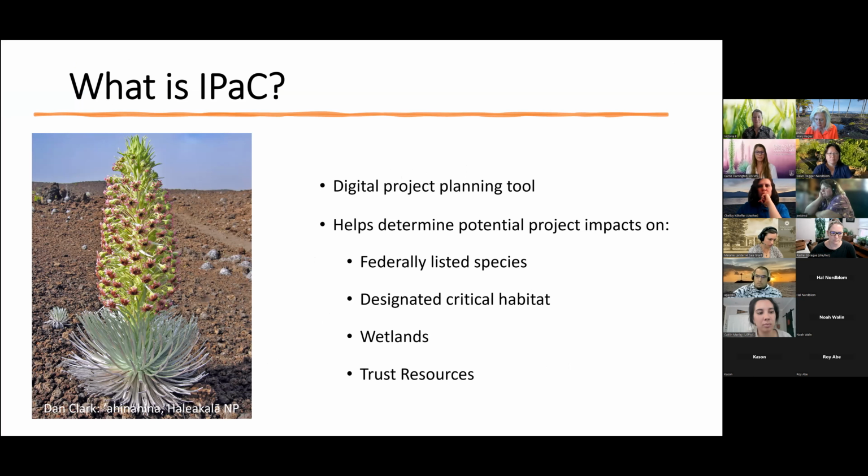The U.S. Fish and Wildlife Service has spent years collecting, vetting, and analyzing data, and we continue to do so, which now helps to support IPAC so project proponents can input their project area, answer a few questions, and voila, receive a list in minutes that contains all of the federally listed species, designated critical habitat, wetlands in the National Wetland Inventory, as well as what trust resources may be in or transit through the project area.